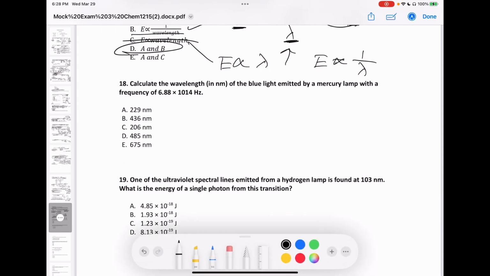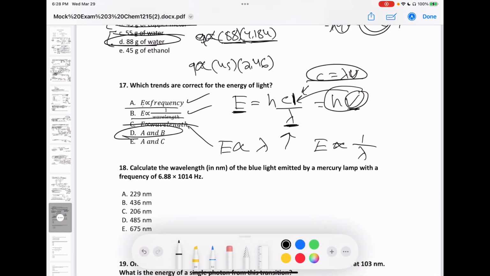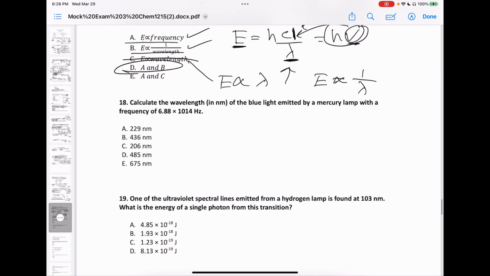Calculate the wavelength in nanometers of the blue light emitted by a mercury lamp with a frequency of 6.88 times 10 to the 14th hertz. This is going to use the equation that the speed of light is equal to frequency times wavelength.